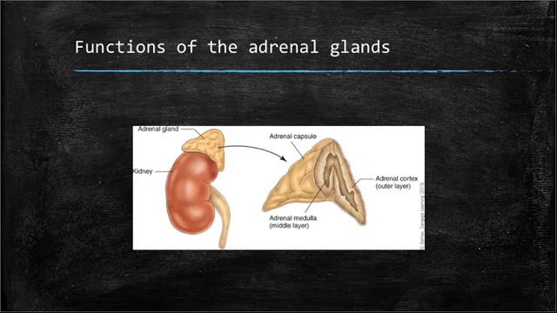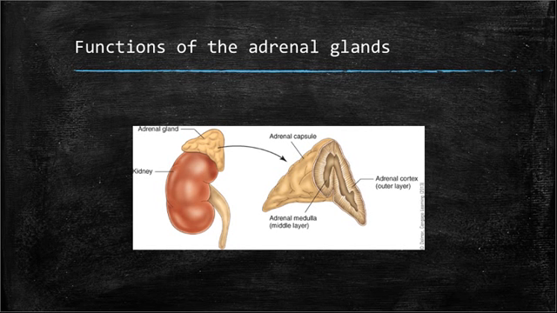The adrenal medulla produces acetylcholine, which are responsible for the body's fight or flight response. Cortisone is a hormone that is made by the adrenal glands, and it's responsible for the regulation of body metabolism.